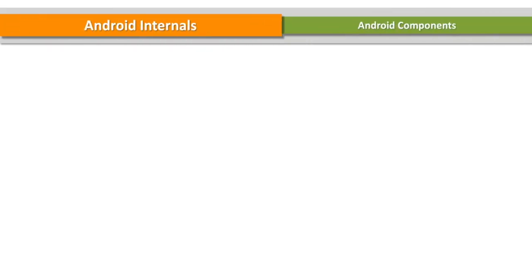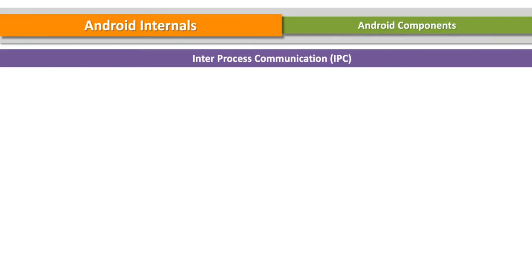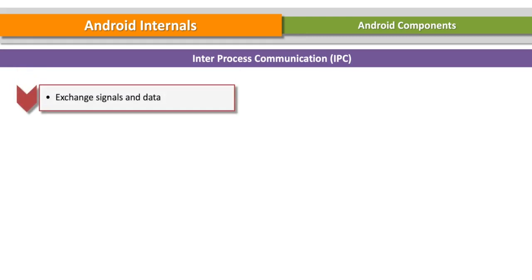Now, as we've already learned, every Android process has its own sandboxed address space. But I want to introduce you to inter-process communication facilities, because this allows apps to exchange signals and data securely. So instead of relying on the default Linux IPC facilities, Android's IPC is based on Binder.